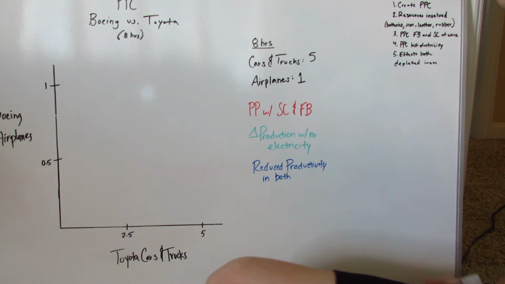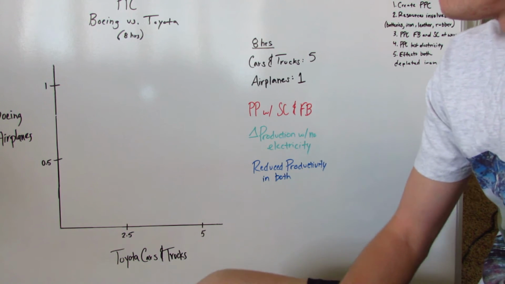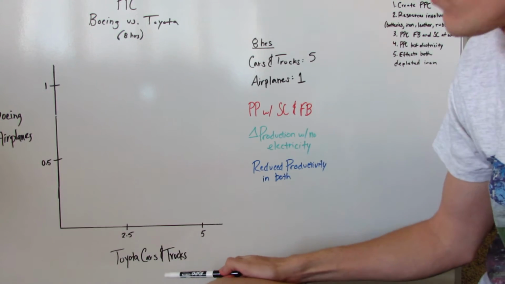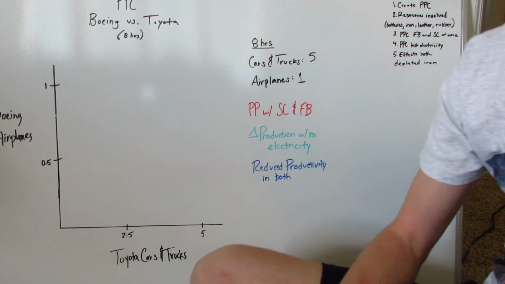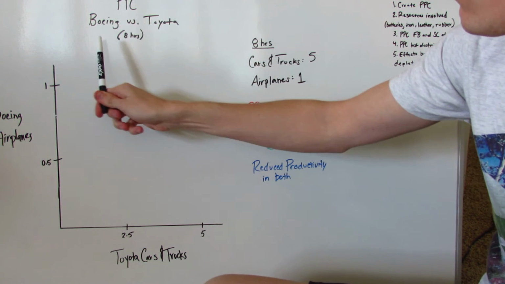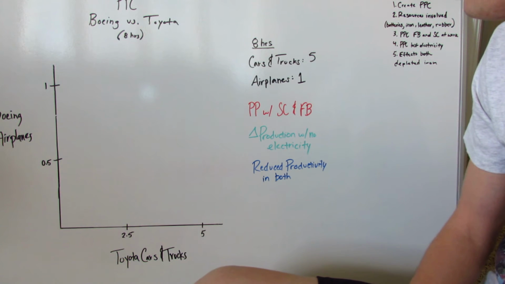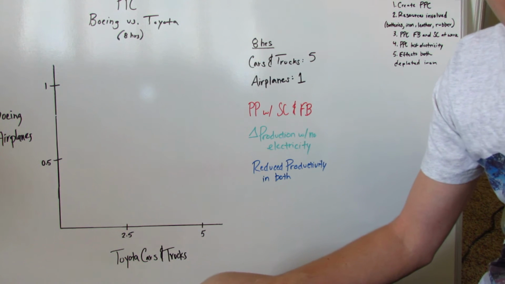So what we have here is the production possibility curve of Boeing airplanes versus Toyota cars and trucks. Since this is only for an 8-hour period, I've adjusted the ratio of cars makeable in 8 hours and airplanes makeable in 8 hours.